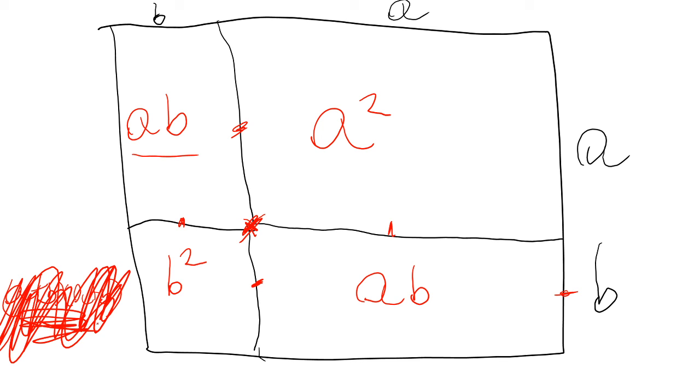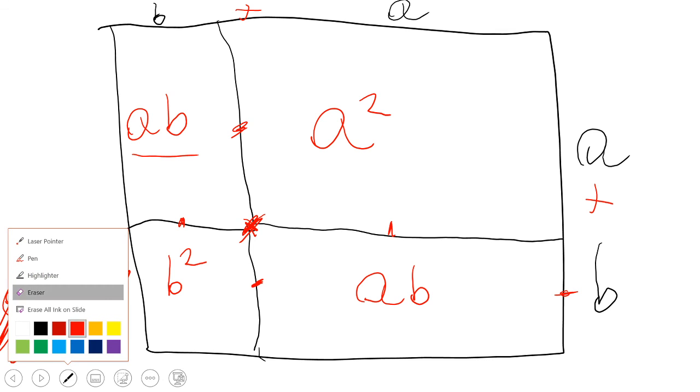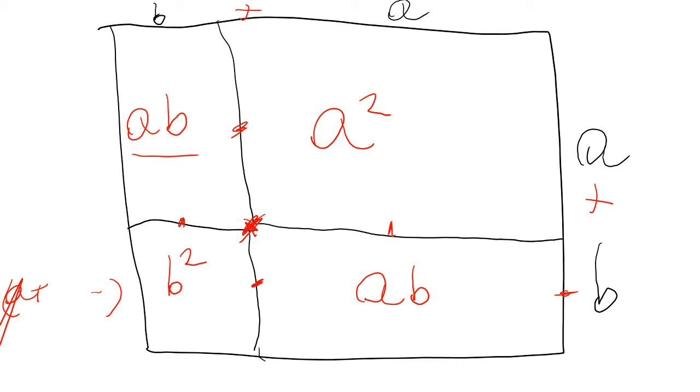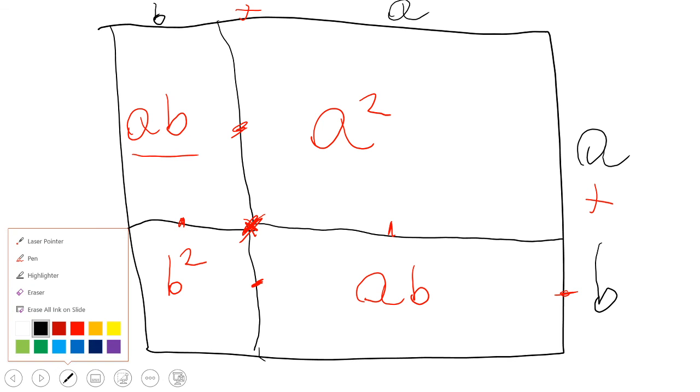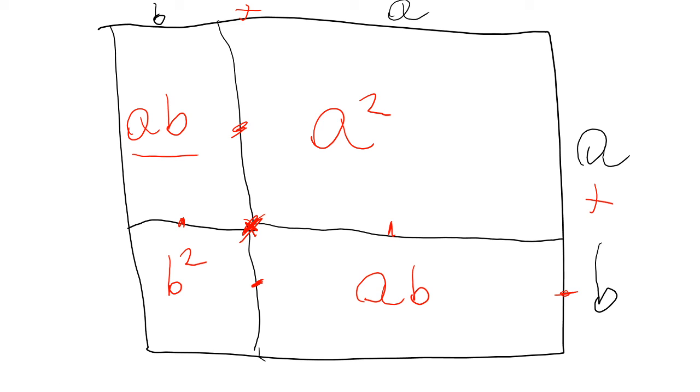The top is a plus b, and over here it's a plus b. So this is just the square of a binomial in itself, (a plus b) squared.